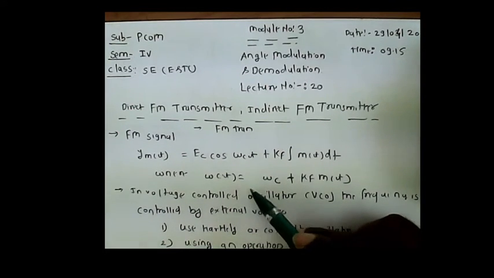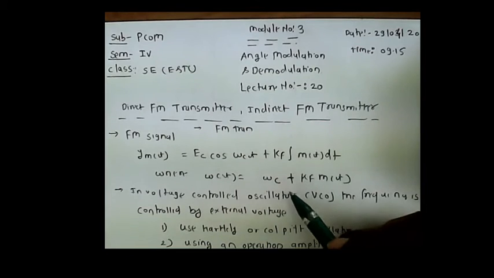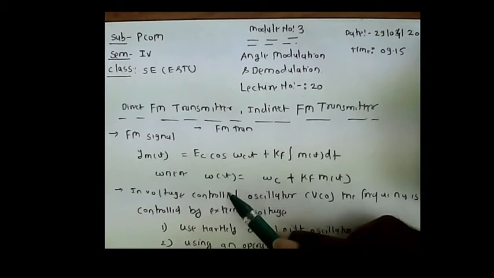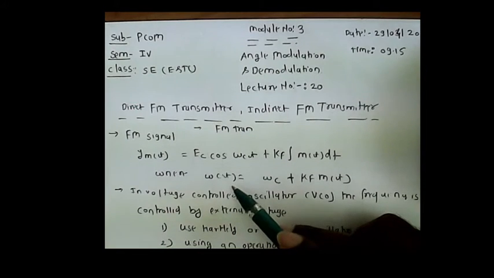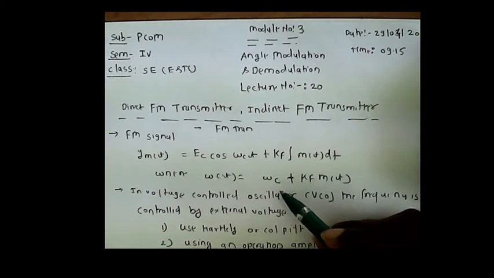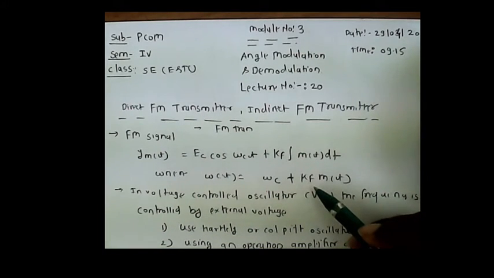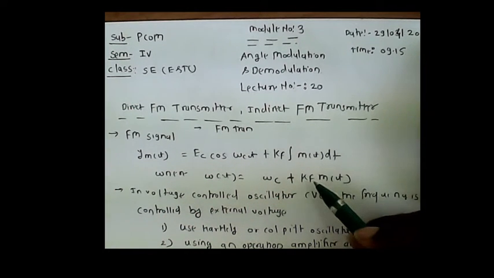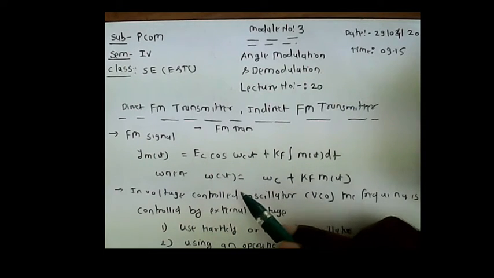Here omega(t) is omega_c plus kf times m(t), so omega(t) is the final FM signal frequency, a combination of the carrier frequency plus the modulating signal. The change in frequency happens with the change in the modulating signal.